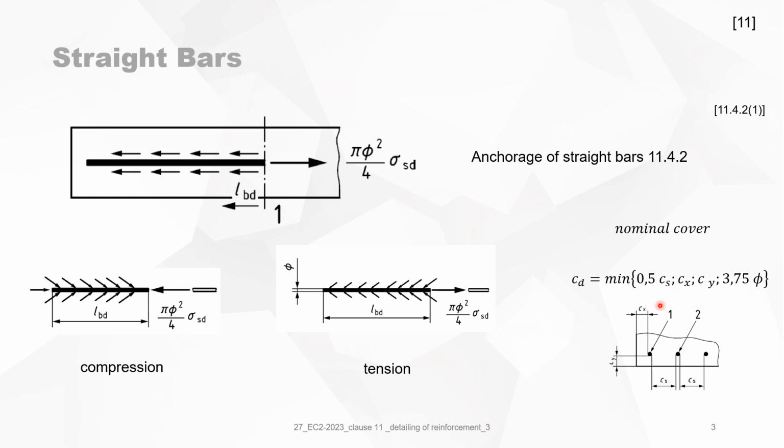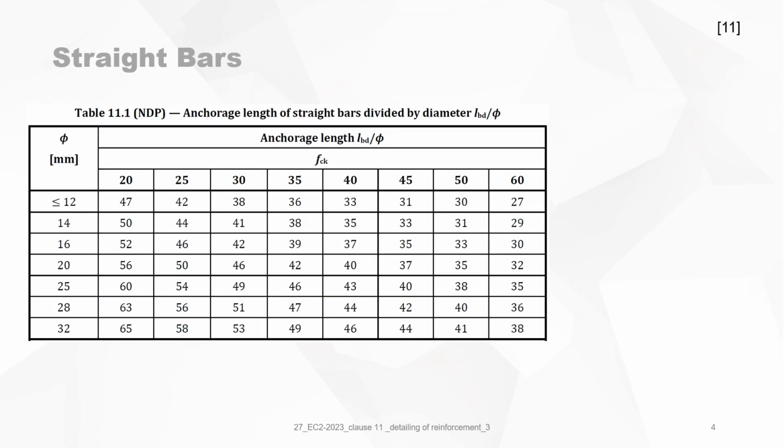So the minimum of those four values is defined as the nominal cover. It is quite annoying in the formulas that you must take care with the term CS, which is now the clear distance instead of the center-to-center distance as we are used to. So this is a little bit tricky in the formulas. You have to take care of that.